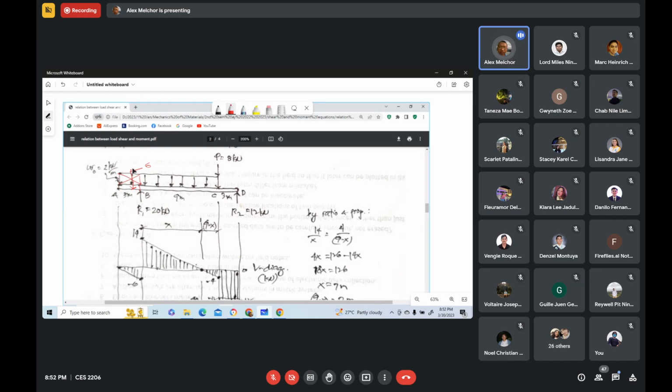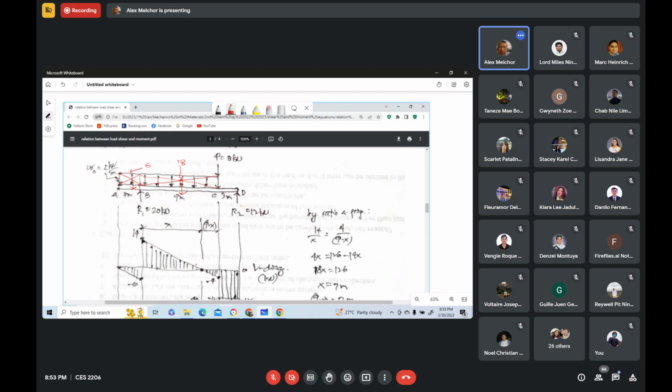So 0 minus 6 gives us negative 6. And negative 6 plus 20 gives us positive 14. And then 14 minus this area, the resultant of this. This force is equal to the area of this portion of the load. So that is 9 times 2, so this is 18.